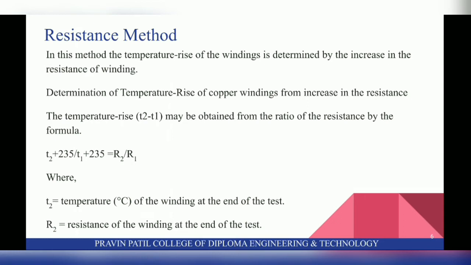Next method is resistance method. In this method, the temperature rise of the windings is determined by the increase in the resistance of the winding. Determination of temperature rise of copper windings from increase in the resistance.